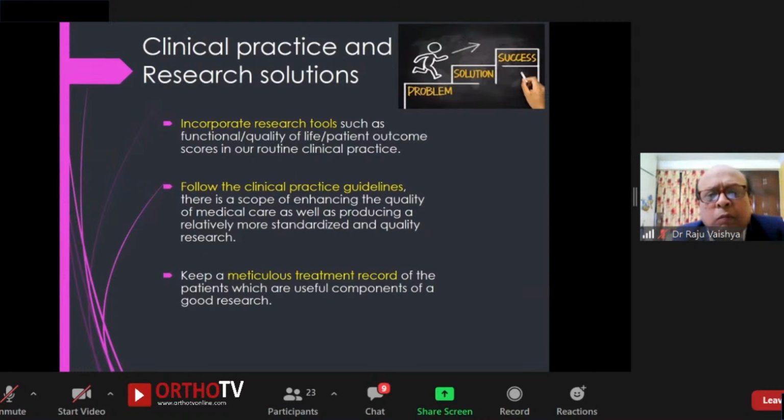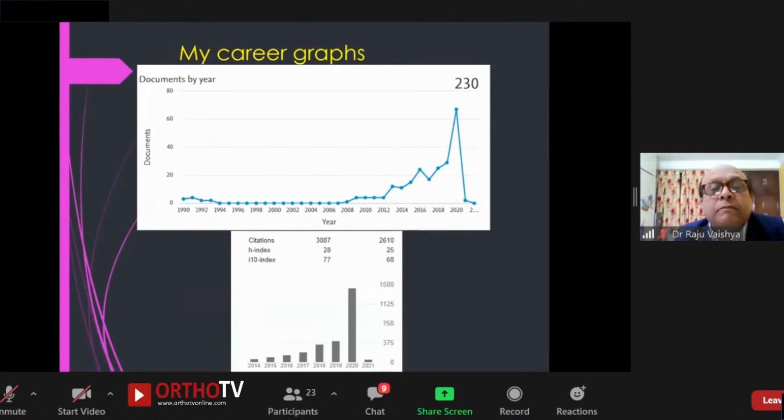You should incorporate research tools in your practice, by scoring in different ways, so that in future, if you want to do any research and publication, it can be done easily. Every researcher has a career graph in their research and publication. Initially, you do research.